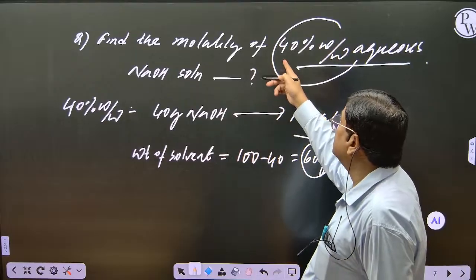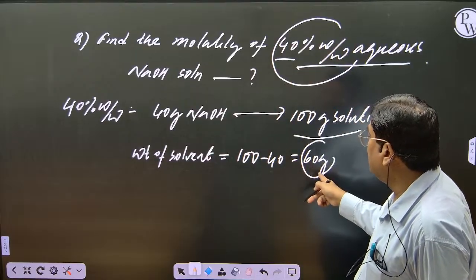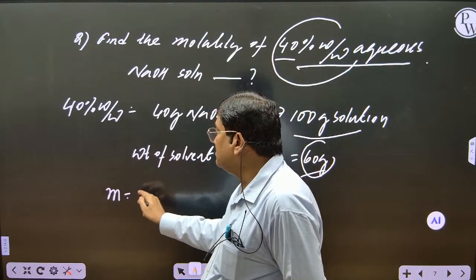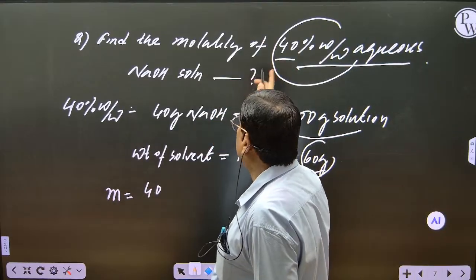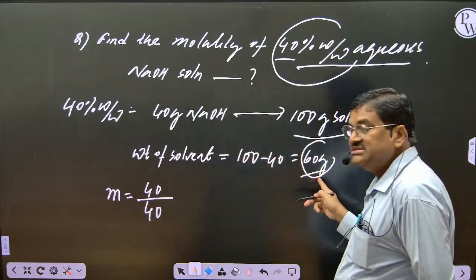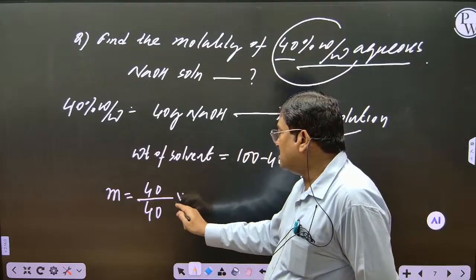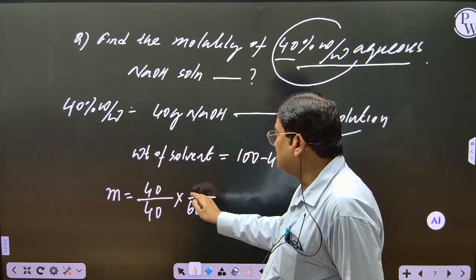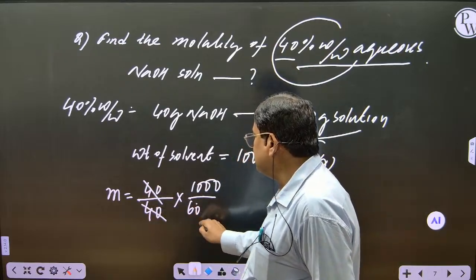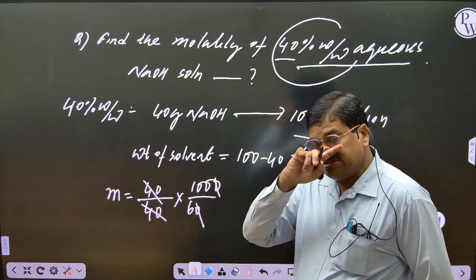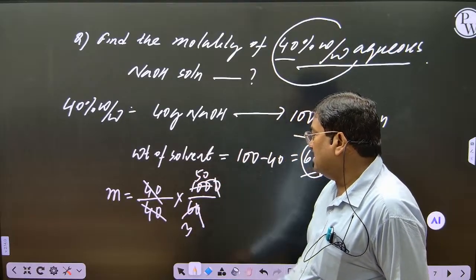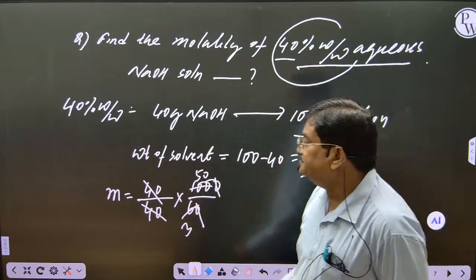Now I know the mass of solute to be 40 and the weight of solvent to be 60. Then find out molality. Molality is given by 40, the weight of solute from the mass percentage. Molar mass is 40 but weight of solvent is 60. That means here what should I write? 60 by 1000, 1000 goes to the numerator. Now 40, 40 get cancelled. This 0, 0 get cancelled. Divide 50 upon 3 in the rough work.